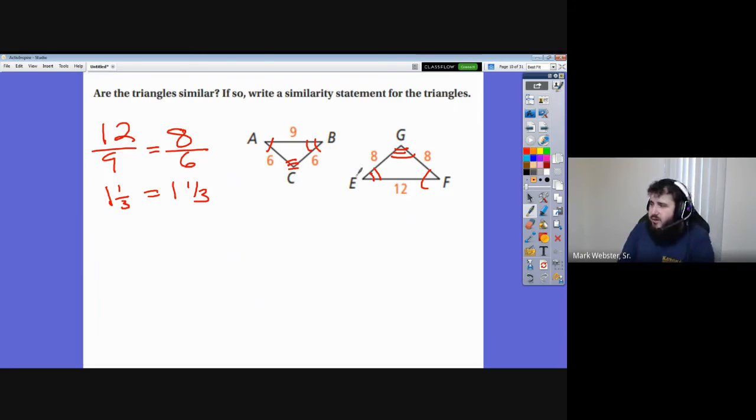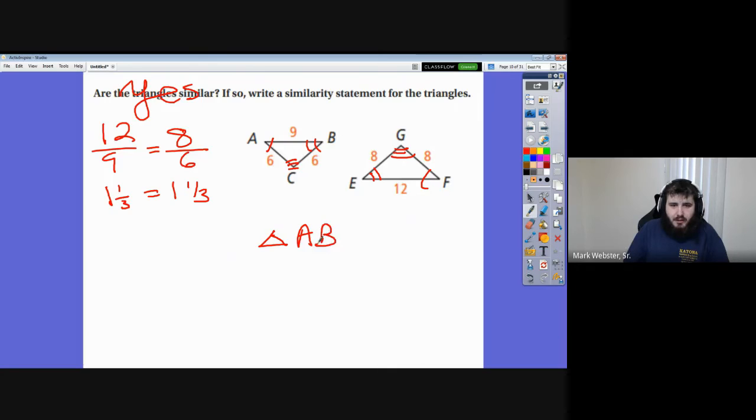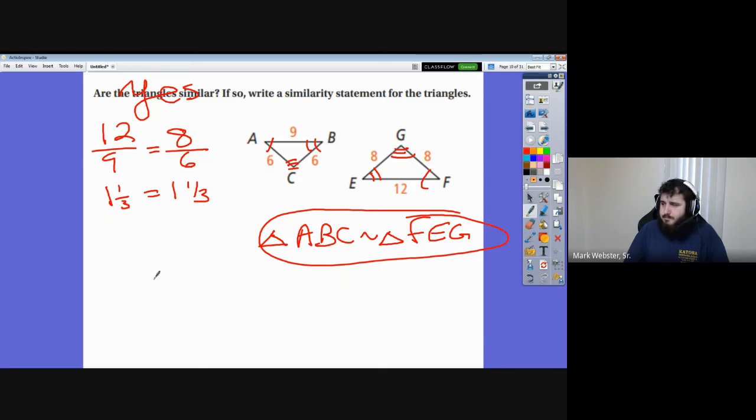It doesn't change anything because these triangles can be flipped over without changing how they look, right? So are they similar? Yes. How do we know? Well, we did it, right? So we'll call it A, B, C, and that's going to be similar to F, E, G. Triangle F, E, G. Okay?